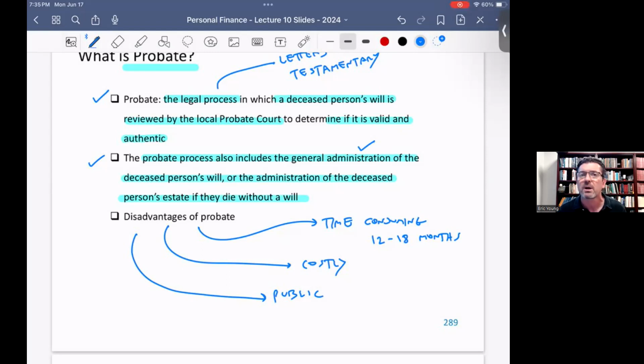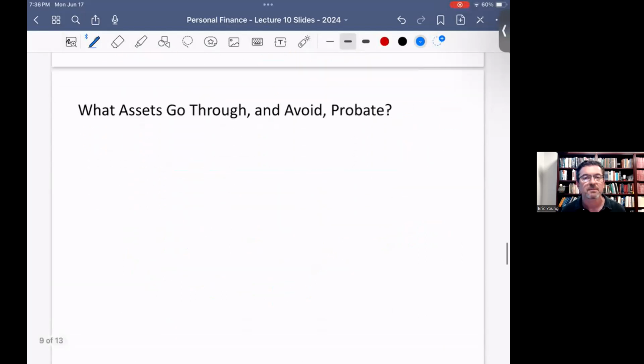And maybe you don't want that to be known. So given the fact that probate is time consuming, costly, and public, a good strategy of estate planning is whenever possible, however possible, minimize the amount of assets that go through probate.